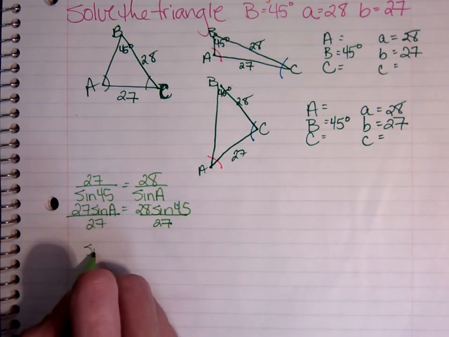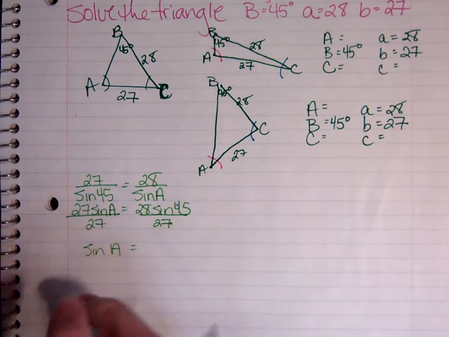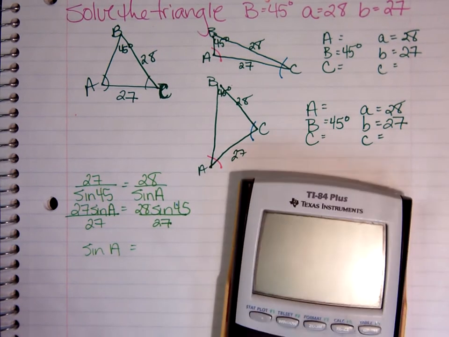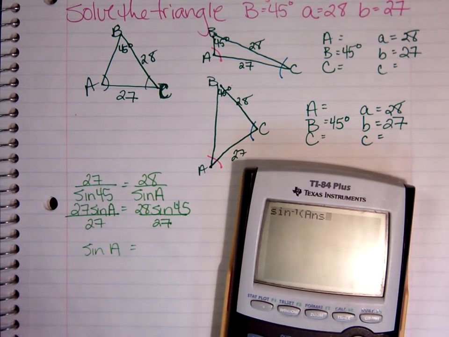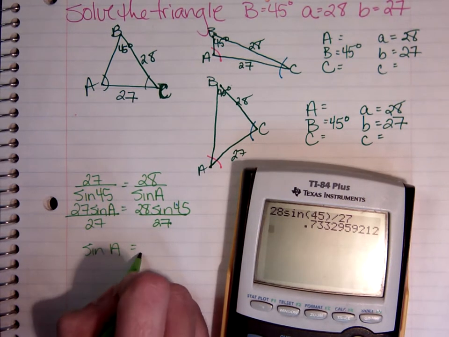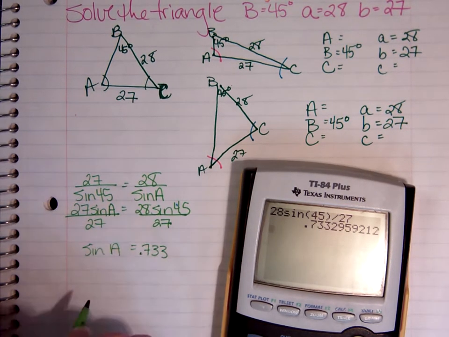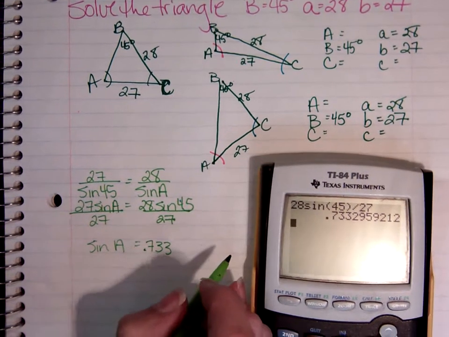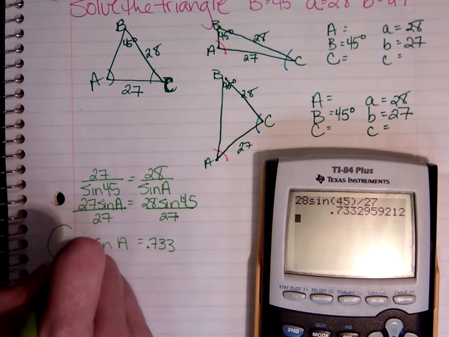The sine of angle A is 28 sine 45, divided by 27. So it's about 0.733. And again, we have to remember our unit circle.